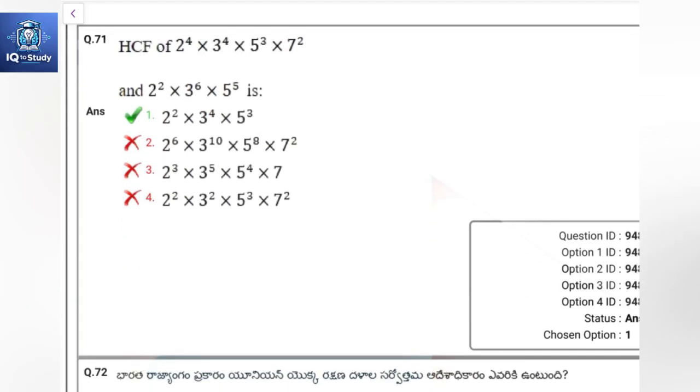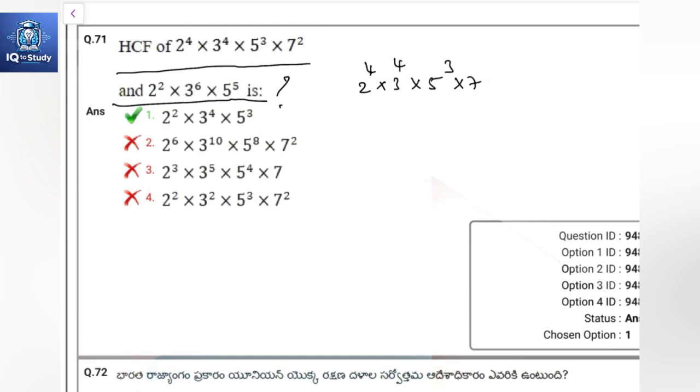HCF of 2^4 × 3^4 × 5^3 × 7^2 and 2^2 × 3^6 × 5^5 is: it is 2^4 × 3^4 × 5^3 × 7^2 and 2^2 × 3^6 × 5^5.